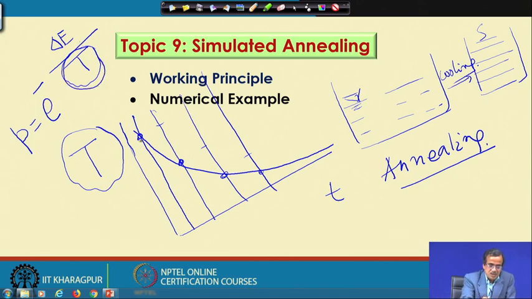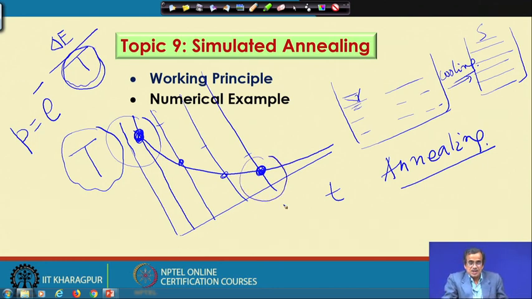Here the probability of selecting a bad solution will be more, and as the temperature decreases, the probability of selecting a bad solution will be less. And using this particular principle, initially we can accommodate a few bad solutions, but the probability of accommodating a bad solution will be less as the iterations proceed.